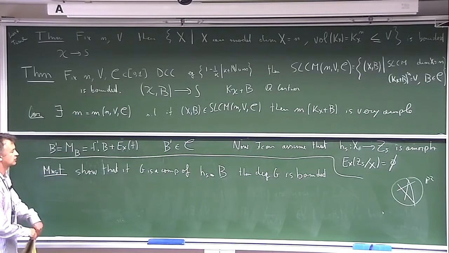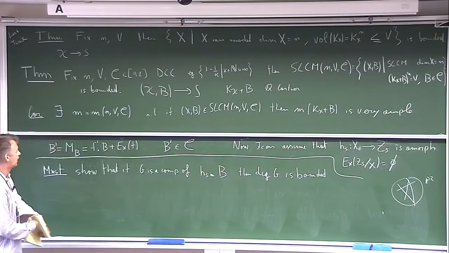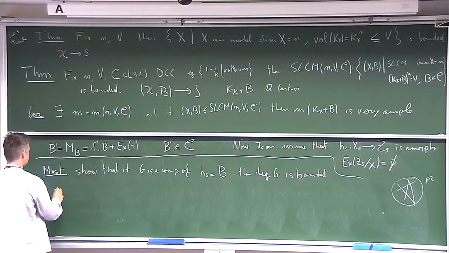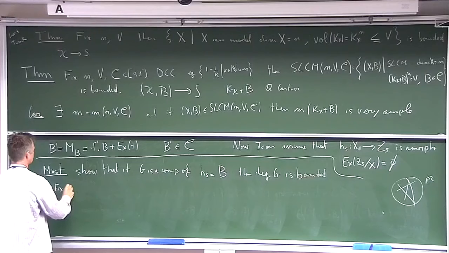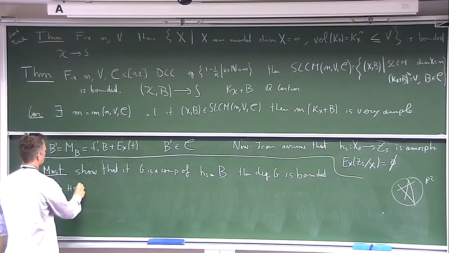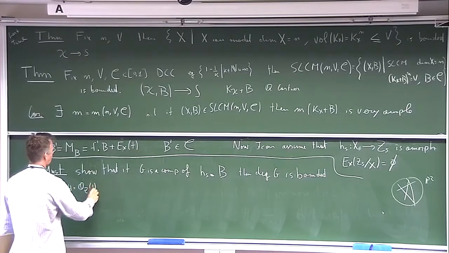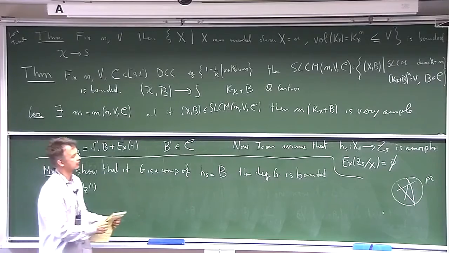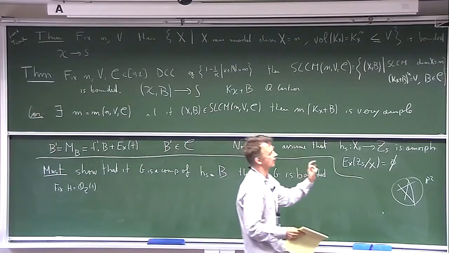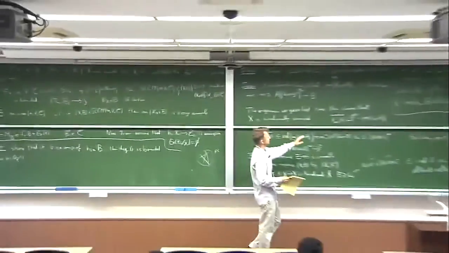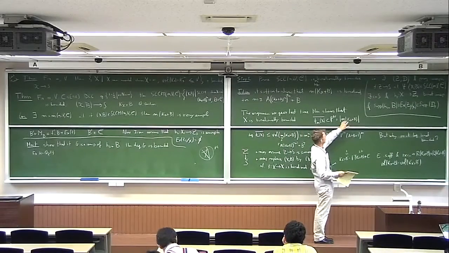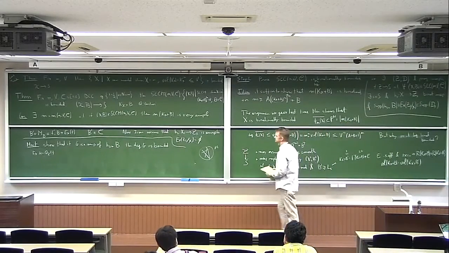Okay, so how do I show that? Well, what does it even mean? So let's fix H, let's say H will be O_Z(1). So it corresponds to the moving part of this linear series, essentially.